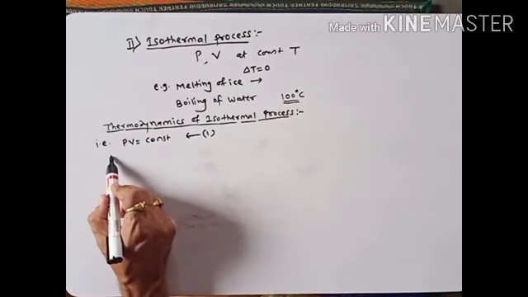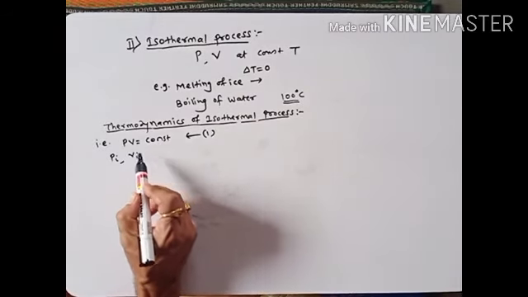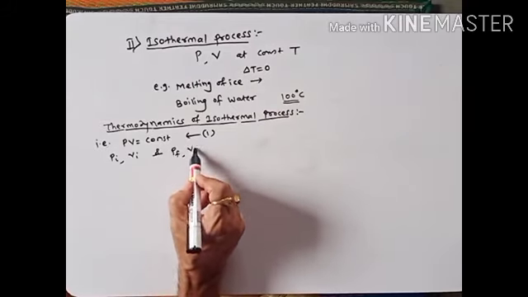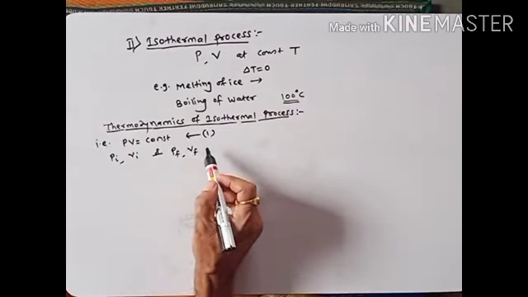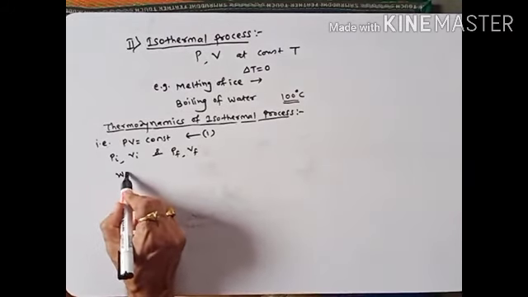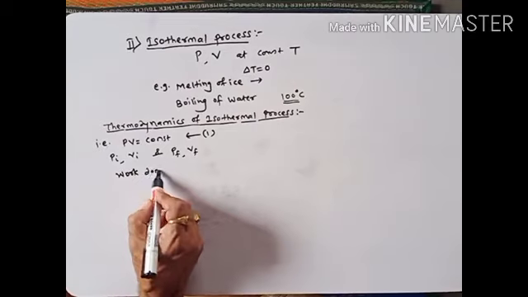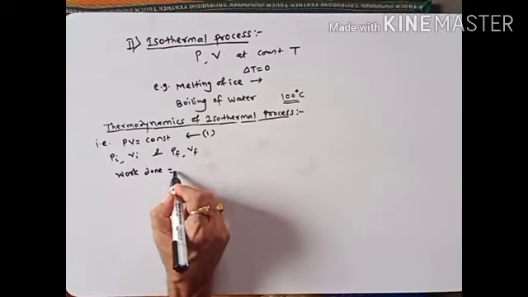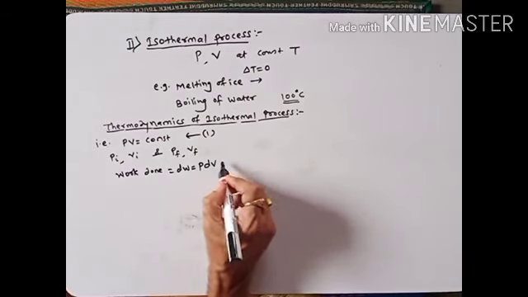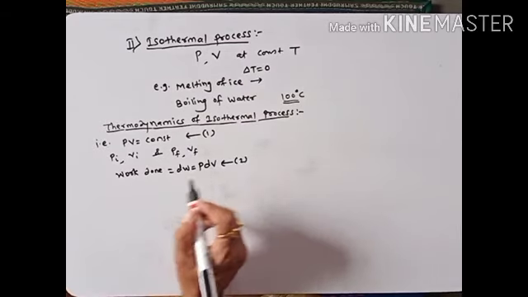Now suppose we consider Pi, Vi and Pf, Vf, the pressures and volumes at the initial and final state. Now we write the work done: dW equals PdV. Suppose this is equation number 2.